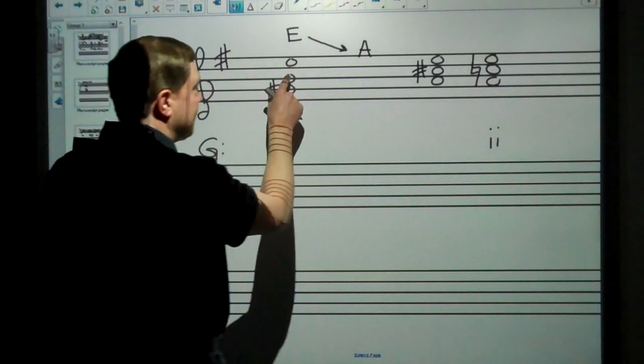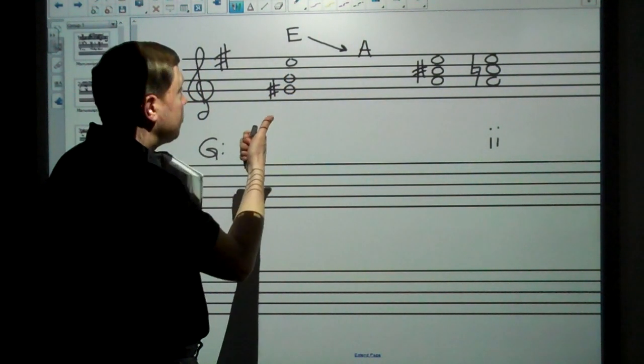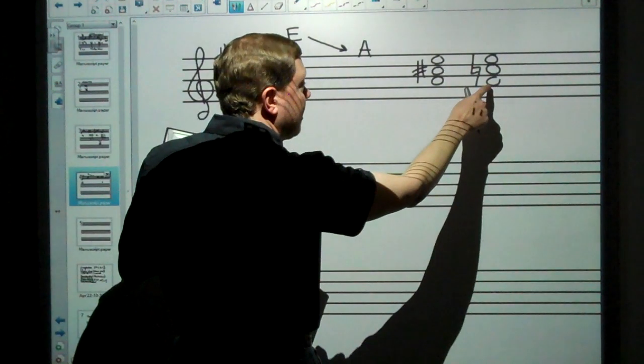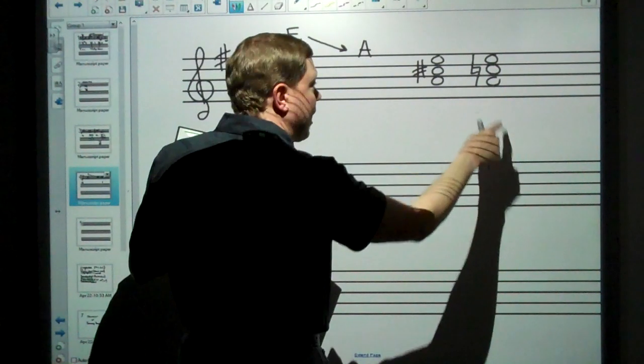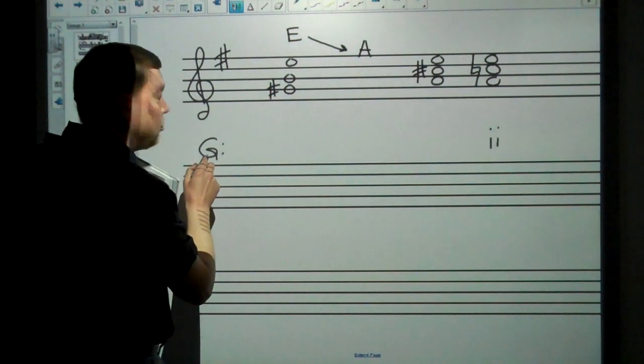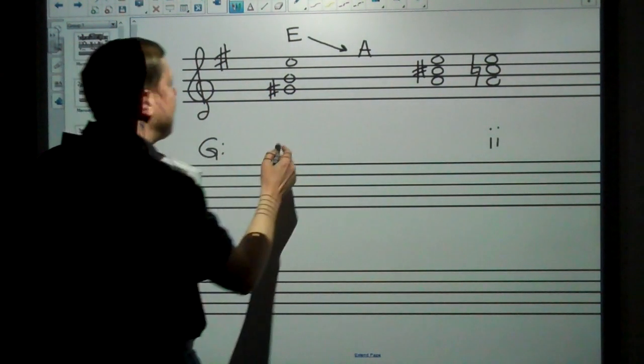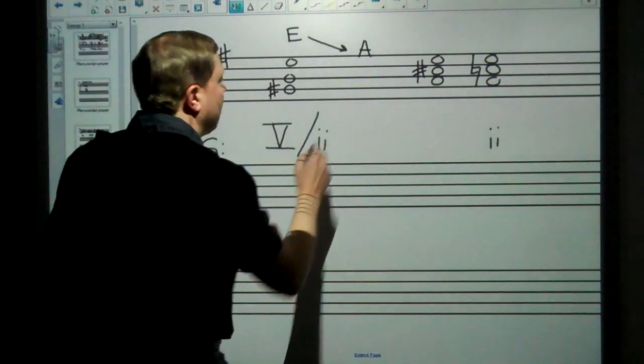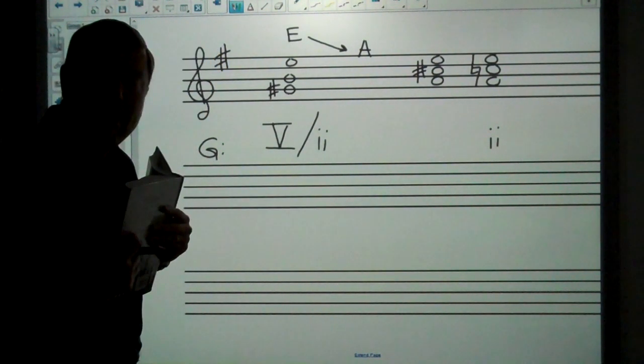And so because this chromatic chord is a major triad, and its root is a fifth above an A, and a minor triad on A would be a 2 chord in G, yes, this is a secondary dominant, and it's going to be called a 5 of a 2.